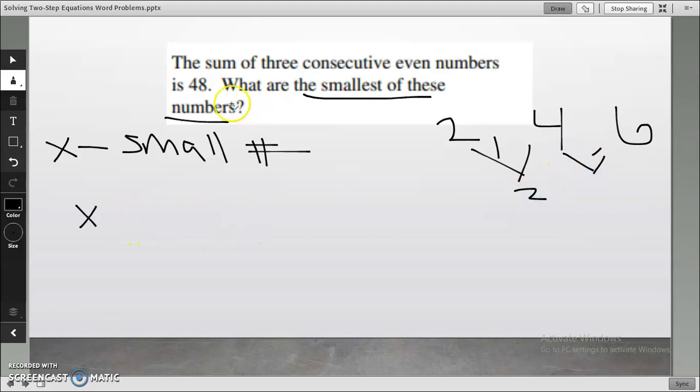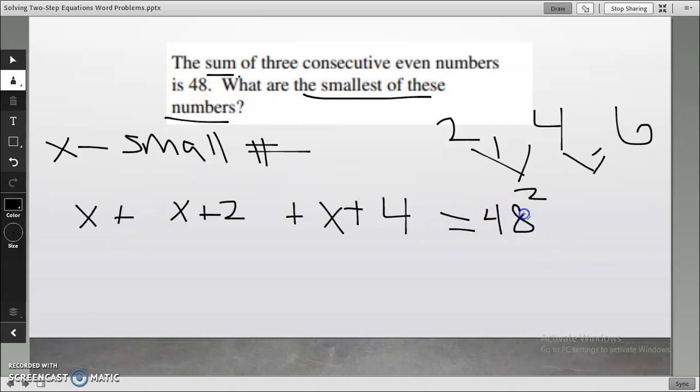And sum means to add, so I'm going to add them. My first number, or my smallest number, is x. My next number would have to be x plus 2. And the third number would have to be x plus, not 2, but 4. And then I know that the total is equal to 48.